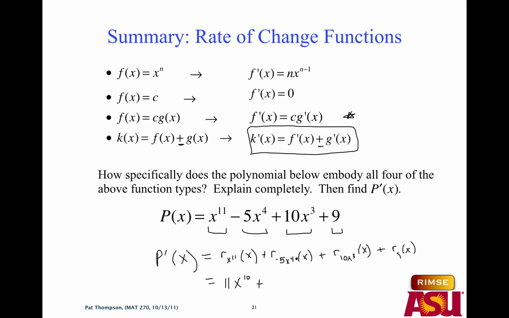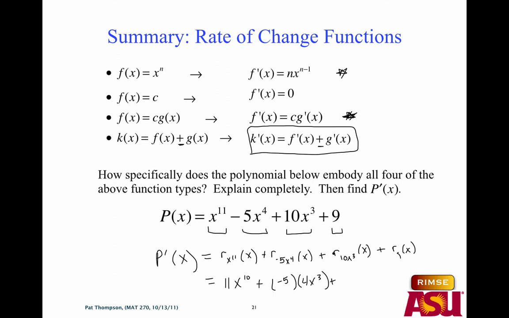The rate of change of negative 5x to the 4th involves this rule that I've starred and the first rule, because it has both a power of x, x to the 4th, but it's multiplied by a constant. So the third rule tells us to leave the constant, negative 5, and multiply by the derivative of the function that it's multiplying. The derivative of x to the 4th is 4x cubed.